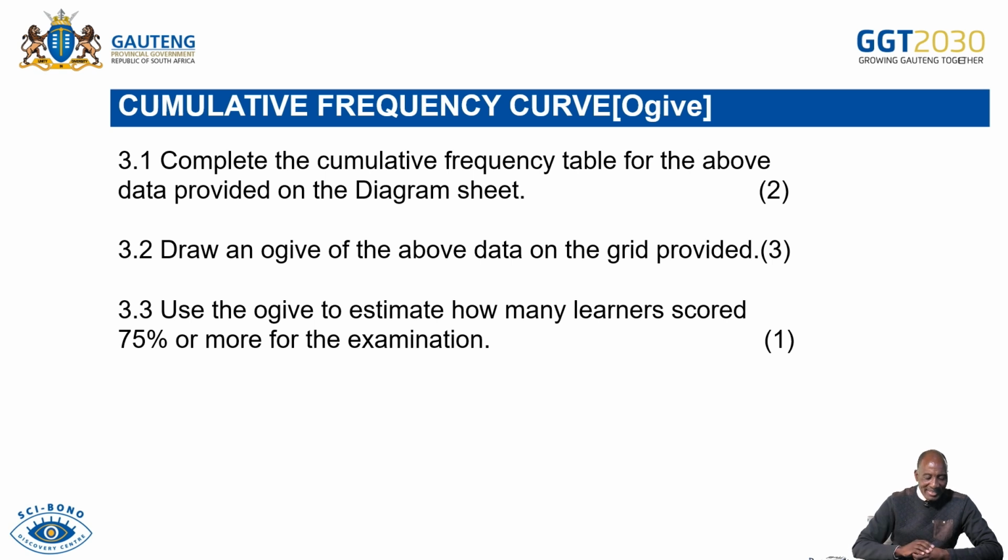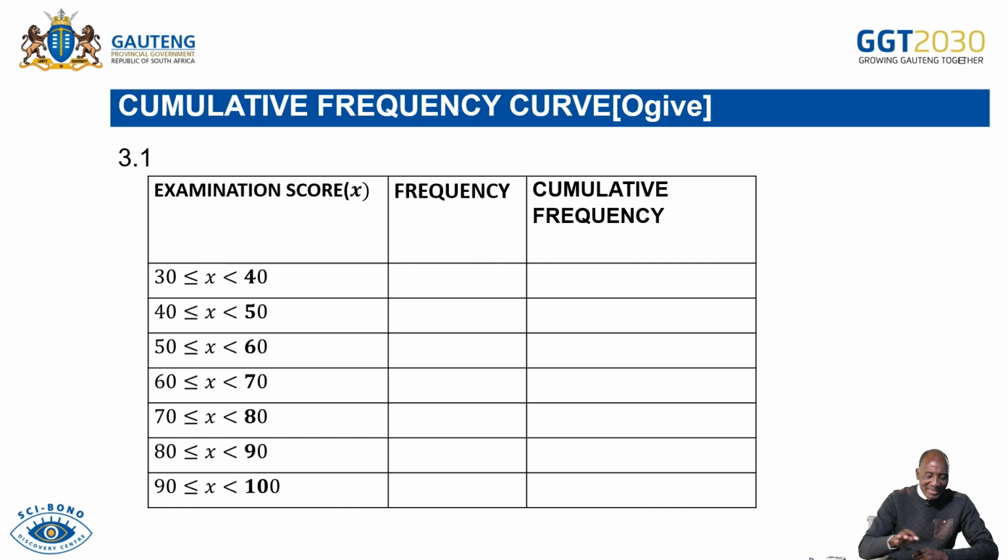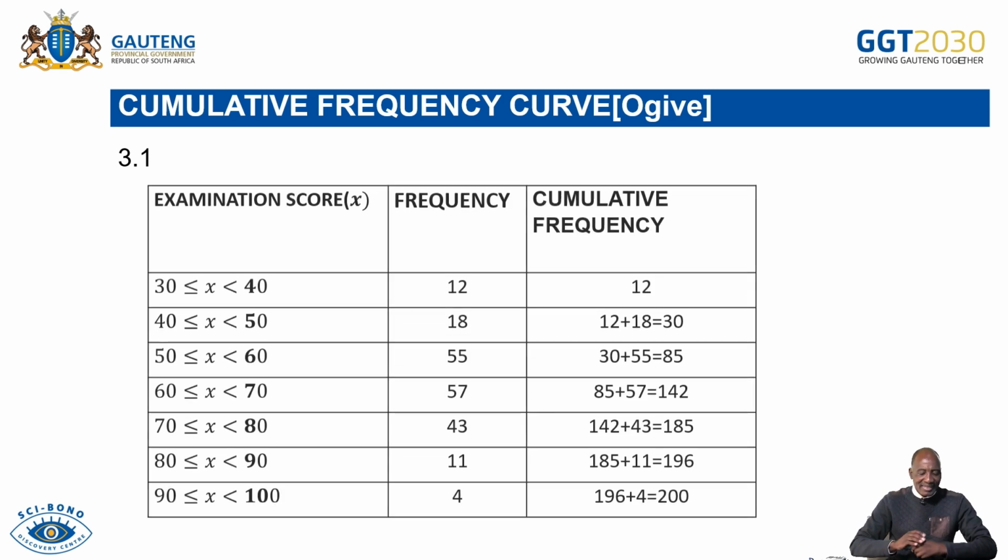You'll have to complete the table, draw a cumulative frequency curve on the grid provided, and use the cumulative frequency curve to estimate how many learners scored above 75. 2 marks, 3 marks, and so on. Now to complete the table, you use your histogram, pick those numbers, and then we complete the table. So we are going to proceed. There is our table.